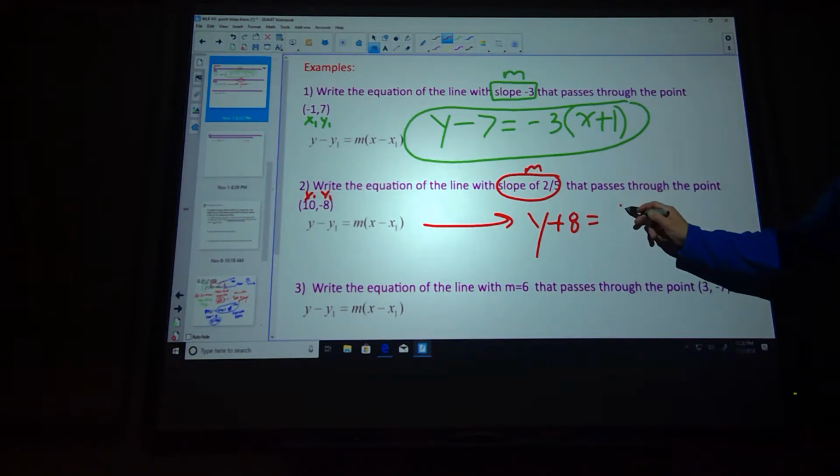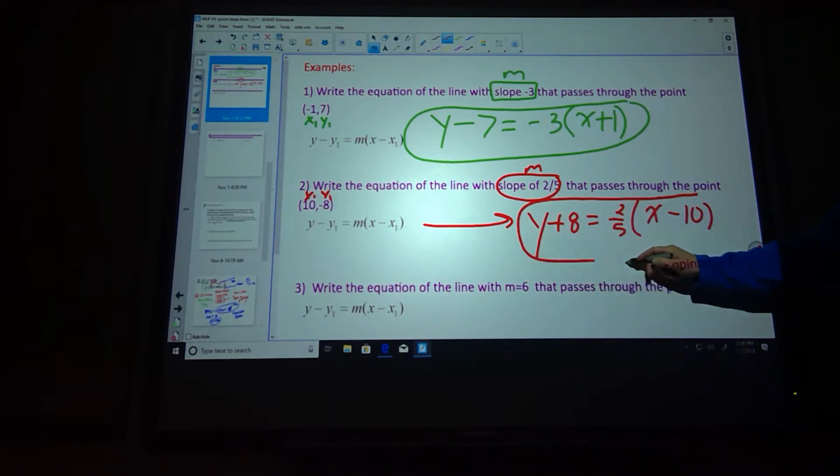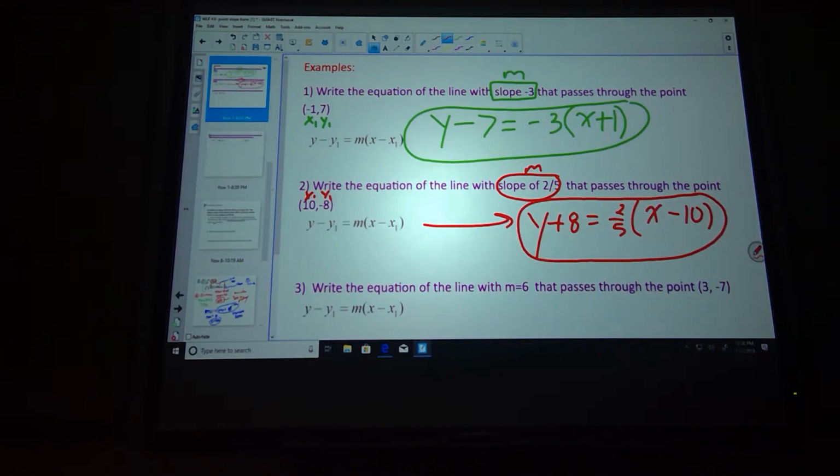And then m is 2 over 5. And then x minus x1. What's x1? x minus 10. That is my equation. How did you find 2/5? They told us the slope was 2 over 5. So I just plugged it in. That's all I did.